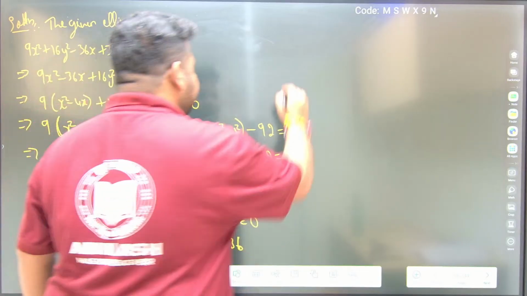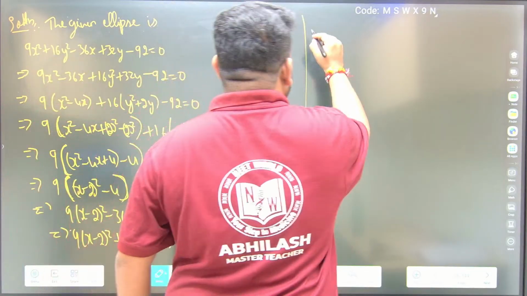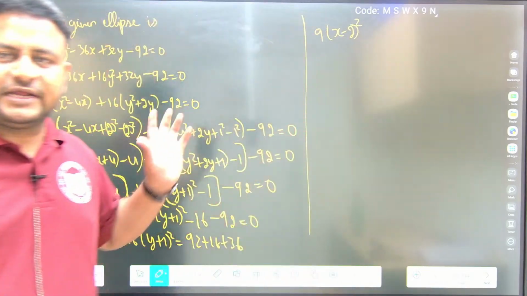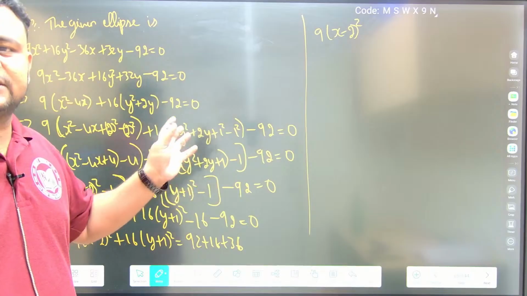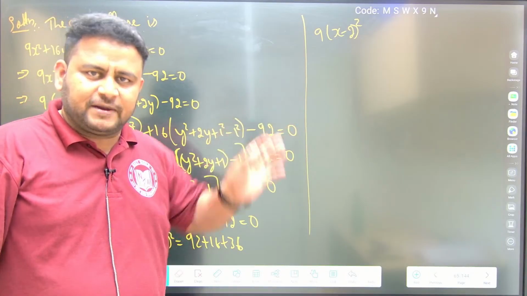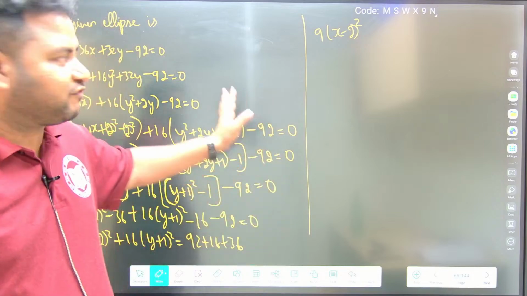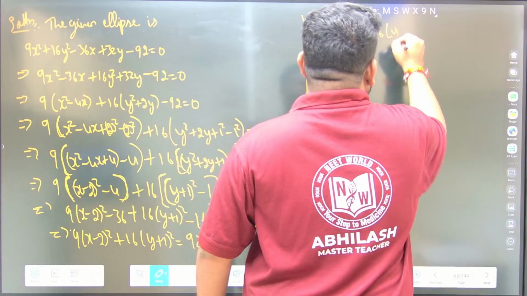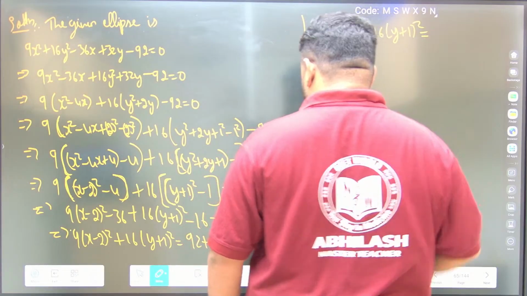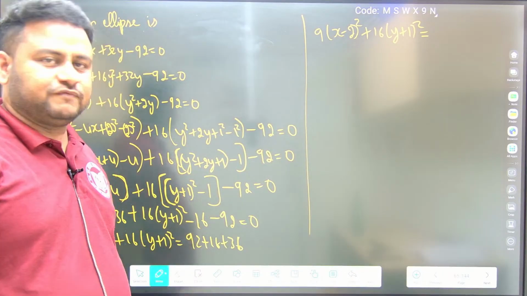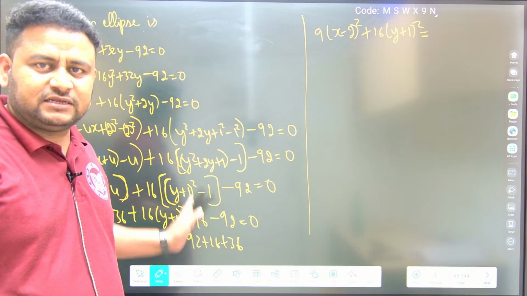So I will have 9(x − 2)² + 16(y + 1)². Why am I doing this? I want to bring it to the form (x − h)²/a² + (y − k)²/b² = 1. Now, 16 + 36 is 52, and 52 + 92 is 144.